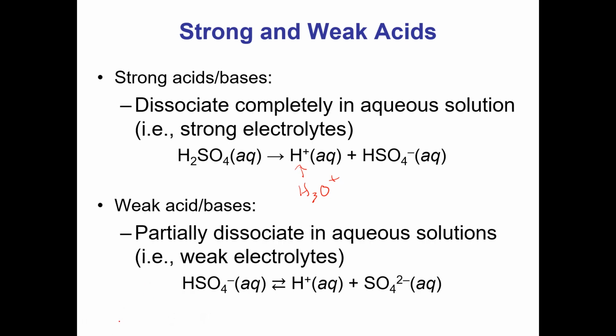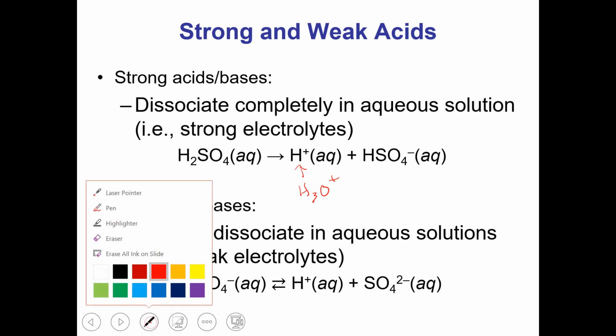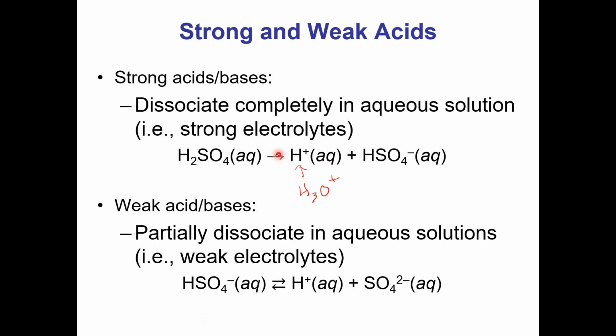A weak acid or base will only partially dissociate in an aqueous solution. The way you can tell from the reaction whether something dissociates completely or only partially is to look at the arrows. Something that goes nearly to completion will have a full arrow, like this reaction up here. Something that dissociates only partially will have arrows going in both directions, showing that the reaction is reversible.